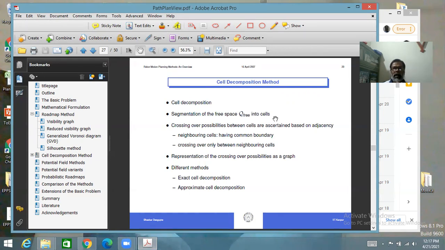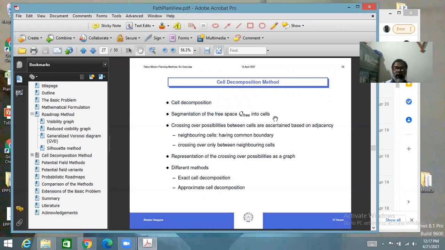Of course, they will share a boundary. Where one cell ends, if the domain continues, if the Q free continues, then another cell should start from there. So that is the way it is. Their disjoint union will be the entire Q free.